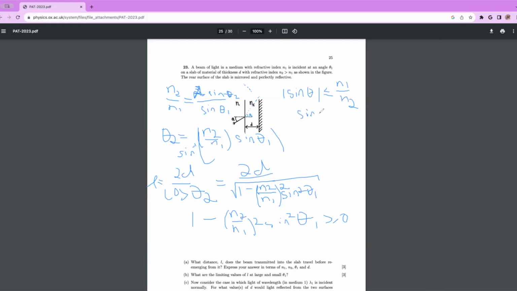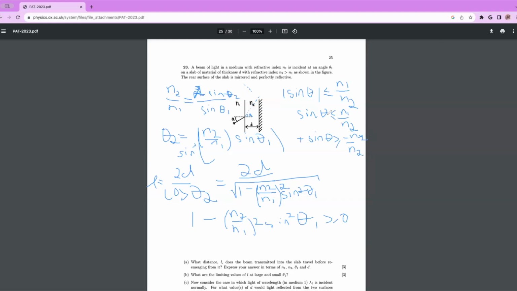Let's see, sine theta is positive, it has to be less than this, or if the absolute value of x is greater than the negative of it, greater than or equal to negative, that's n1 over n2.